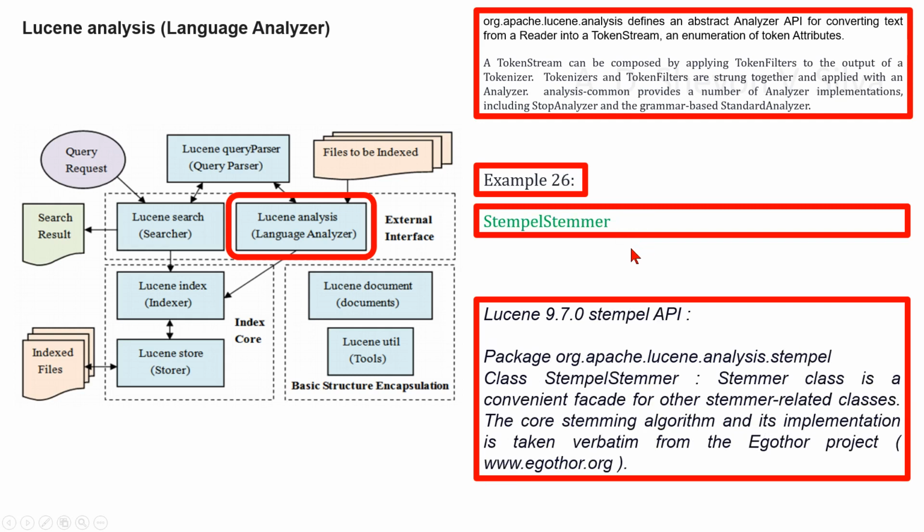Now we are considering the Lucene 9.7.0 Stempel API. Stempel, the algorithmic stemmer for the Polish language. The class StempelStemmer in package org.apache.lucene.analysis.stempel. The Stemmer class is a convenient facade for other stemmer-related classes.